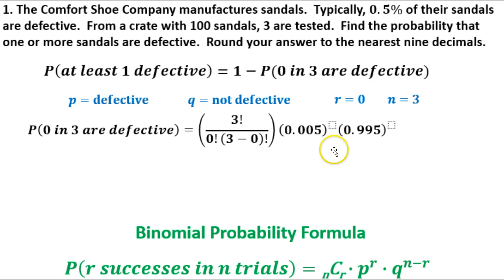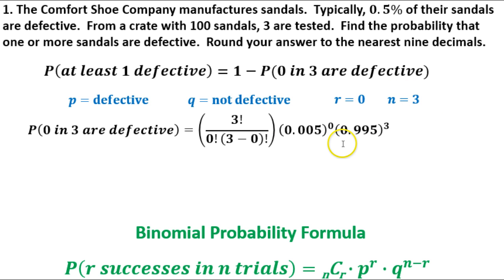We want 0 to be our R value. For the Q, we look at this exponent, n minus r. N is 3 and r is 0, so 3 minus 0 is just 3. These two numbers, this 0 and this 3, must total up to the total n value.